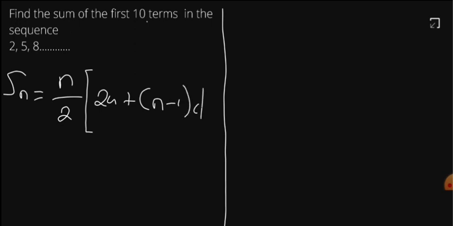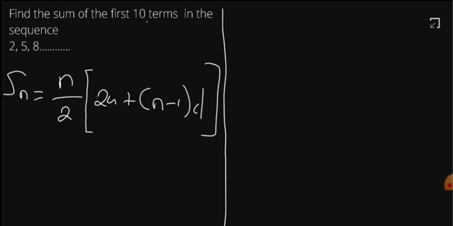Let's look at our next part of our AP. We'll look at what we call the sum of arithmetic progression. Now the sum of arithmetic progression is denoted by Sn is equal to n over 2, open bracket, 2a plus n minus 1 times d, close brackets.